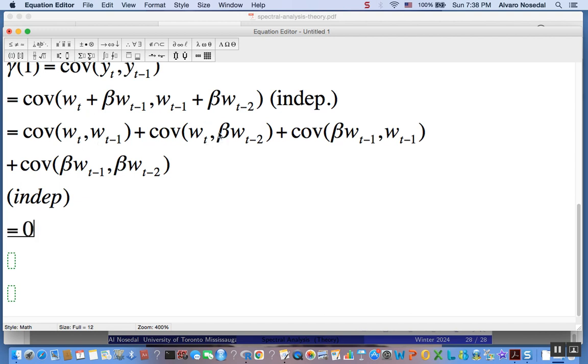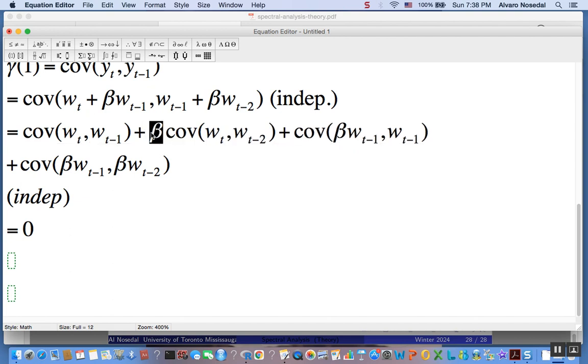Same goes for this one. I mean, you could pull out that beta coefficient, right? And then you would have the covariance between WT and WT minus 2, which is also 0 by independence. Now, this one here, we could pull out that beta coefficient. We could factor it out.